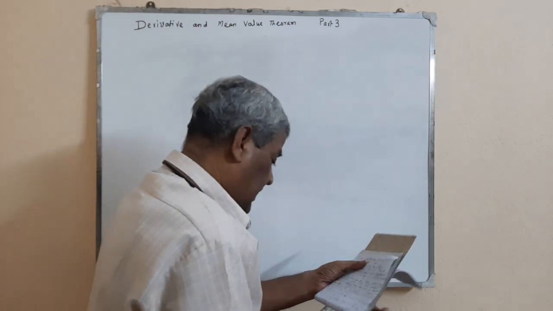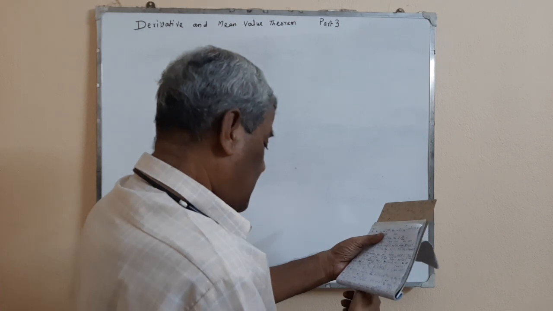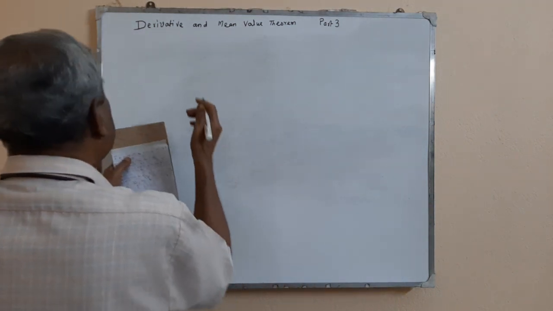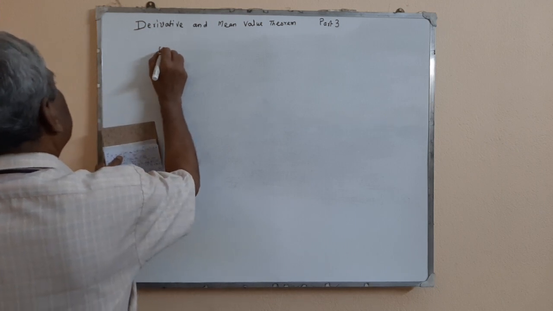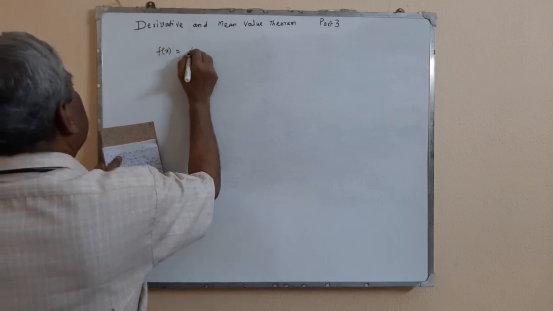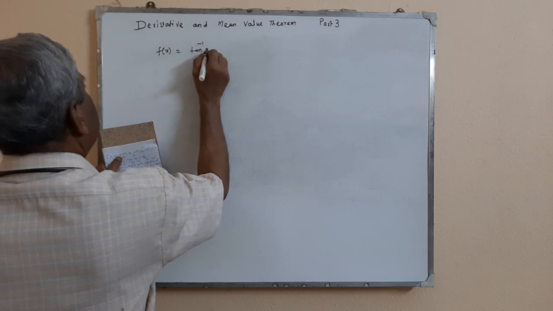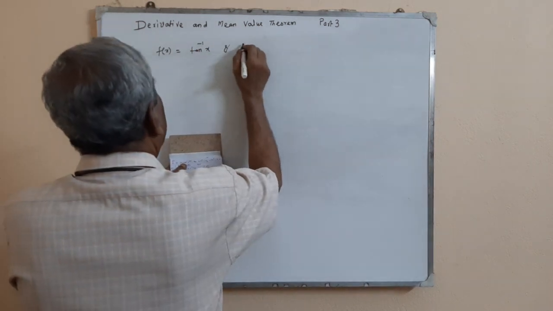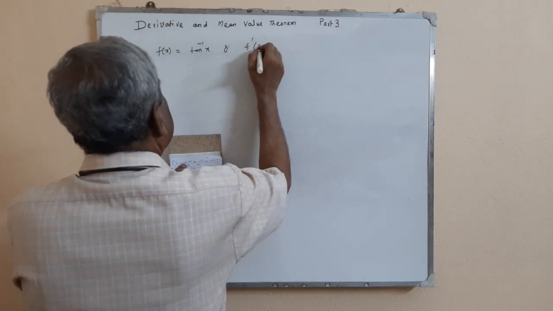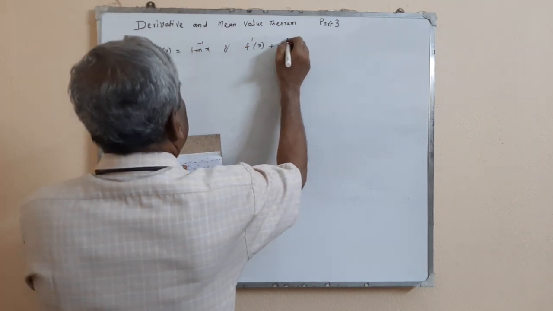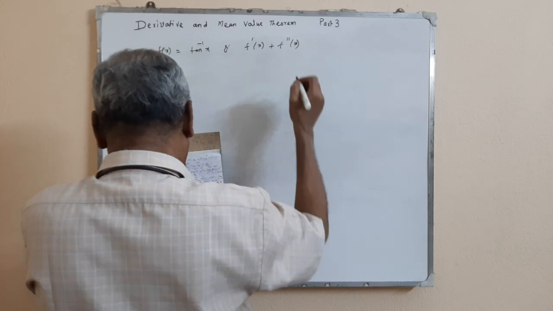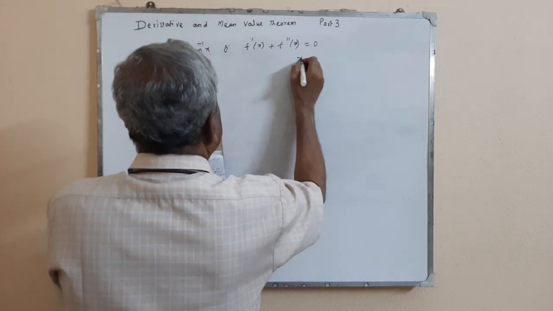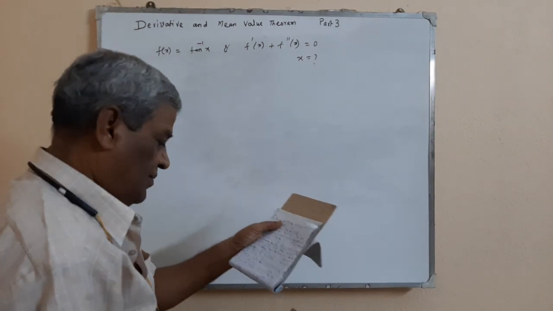The next problem is: if f(x) is equal to tan inverse x and f dash x plus f double dash x is equal to 0, then x is how much?